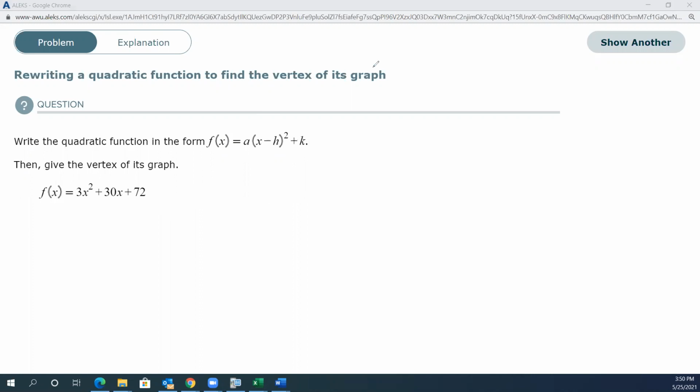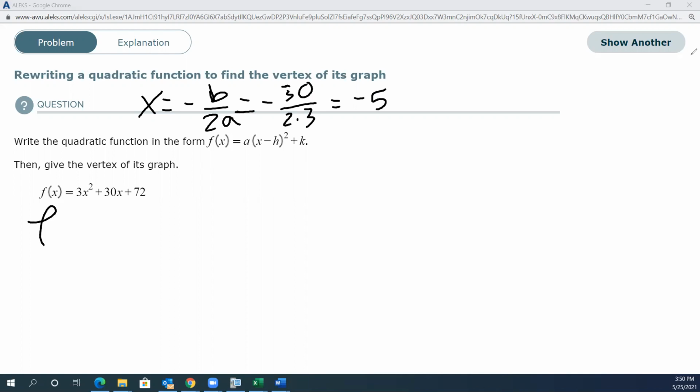Okay, so the easy way to do it would be to just use the min-max function on the calculator to find the vertex, or do the x equals negative b over 2a trick. Negative b over 2a is negative 5. So the x coordinate of the vertex is negative 5.